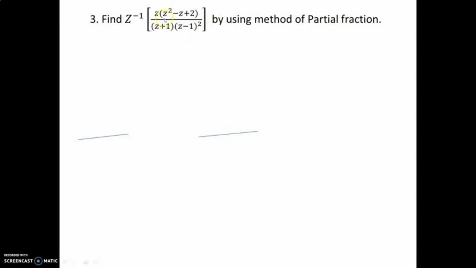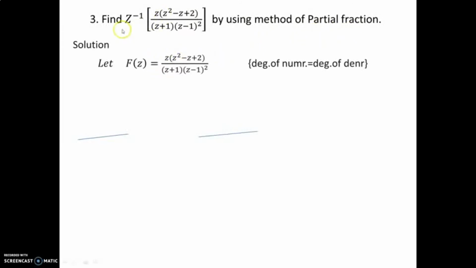This function is not an elementary function. Therefore, to convert this function to elementary functions with the help of partial fraction method, the function inside the inverse z transform, let it be f of z. Let f of z equal to z into (z squared minus z plus 2) by (z plus 1) into (z minus 1) the whole squared.